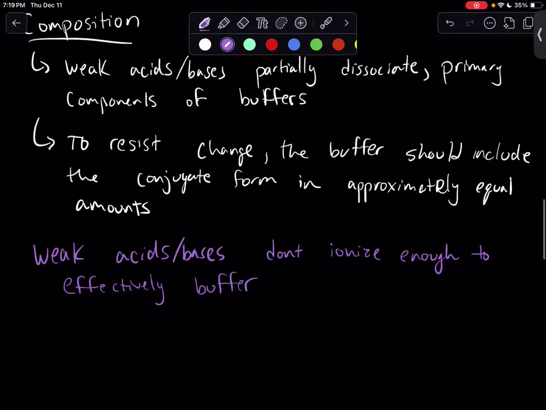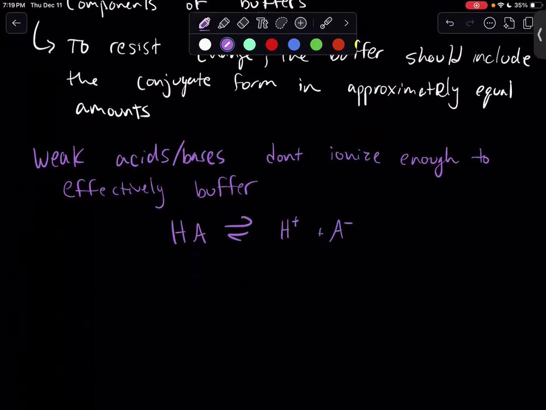So therefore, what we're going to do is add in that conjugate form. So when we look at our weak acid, for example, HA, turning into H plus and A minus, what we're really saying is that there is not enough A minus. We're going to have to add it to solution.